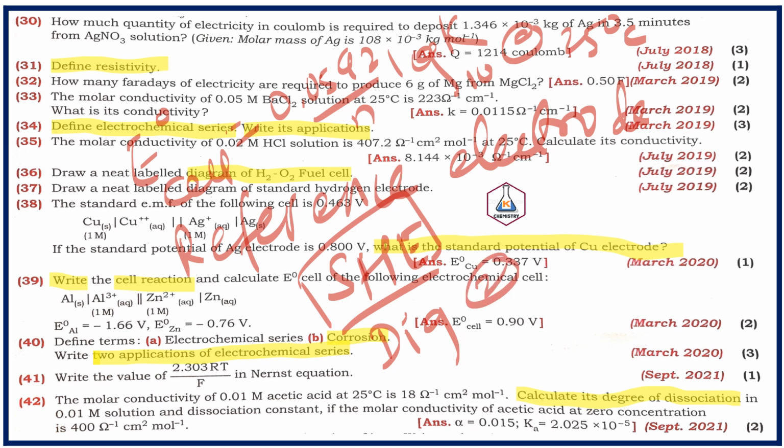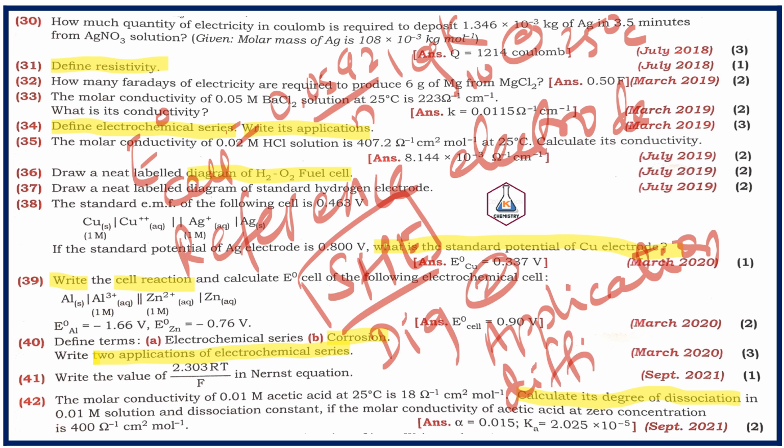Sometimes they may ask for 1 mark cell representation. Sometimes for 2 marks they may ask applications. Sometimes they ask about the difficulties one will face while using the standard hydrogen electrode as a reference electrode.